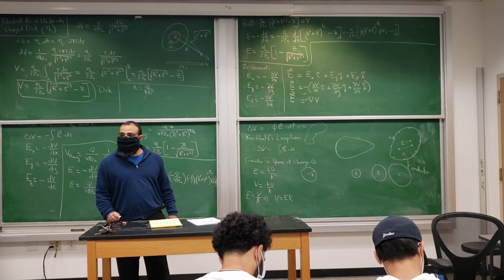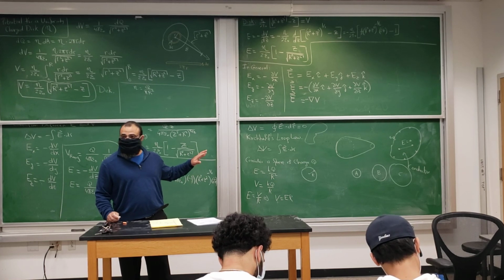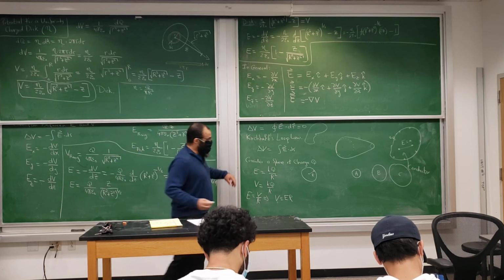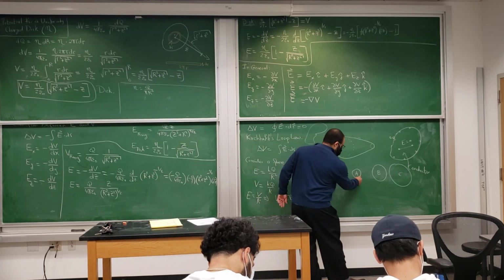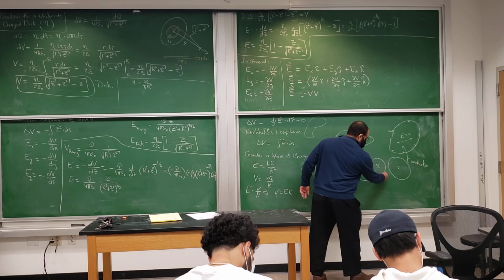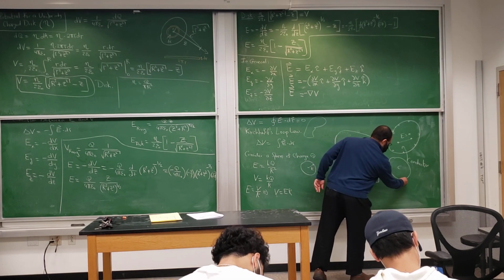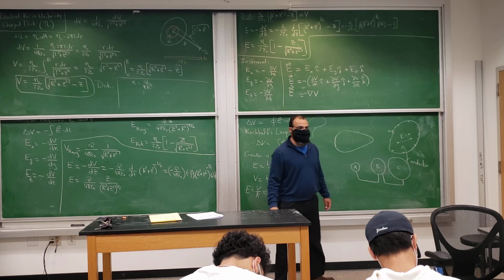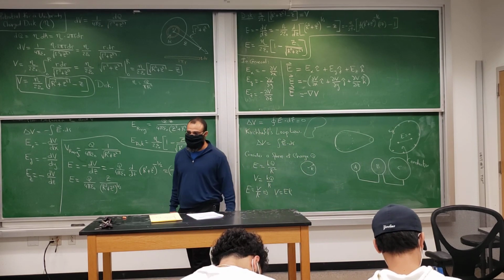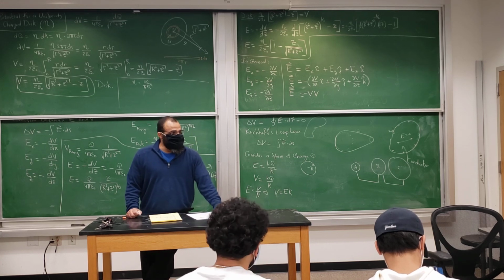So now we're going to connect the spheres with a conducting wire. The spheres are conductors, and I'm going to connect this sphere with this sphere, and this sphere with this sphere. So they're all connected now, and everything is conductive. If they're all connected, what do I know about their potentials?